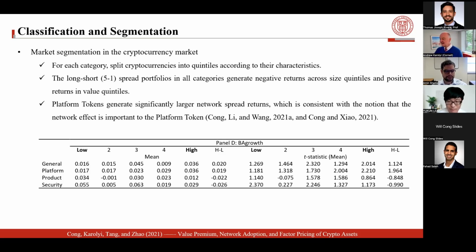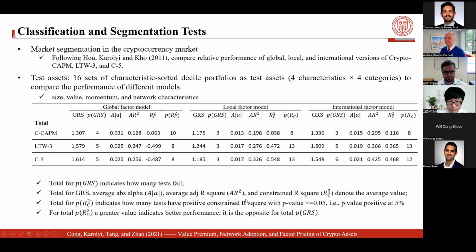What you can see here across the 4 rows is that the high minus low, the simple 5 minus 1 spread, is actually different across the categories. That positive affirming result that we uncovered for the overall sample, maybe not surprisingly, is primarily concentrated in the platform tokens. You don't see it in the other subcategories. So that's an early smell test that maybe just maybe there's some meaningfulness in these categories.